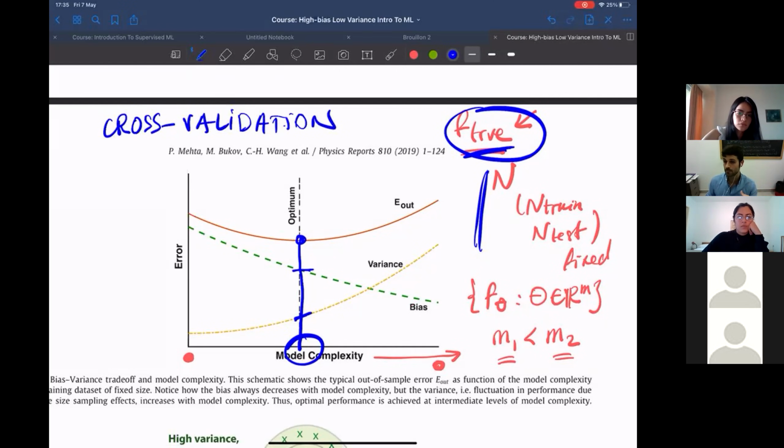You train your 3 models given your finite amount of training data, and then you test each of them on your test data. You evaluate their performance by obtaining the prediction error on this test data. And you should select the one with the lowest prediction error, which means the one which is closest to this sweet spot.